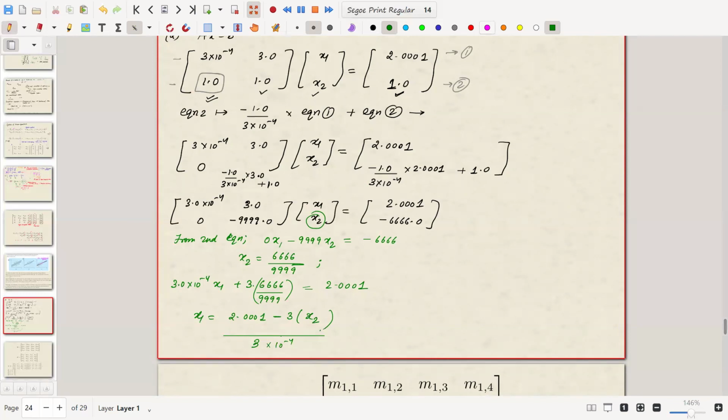So you just have to put this x2 into here so that you get the solution. Can you tell me what the x2 value should be? Now let us do this experiment. Let us write x2, let us write x1.